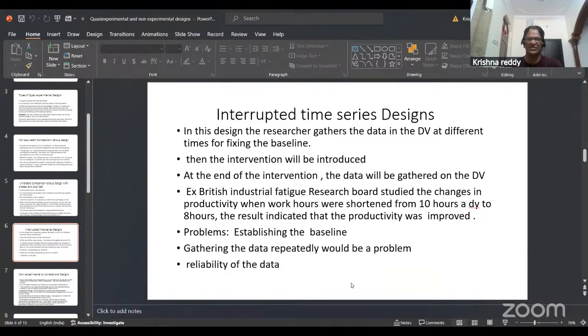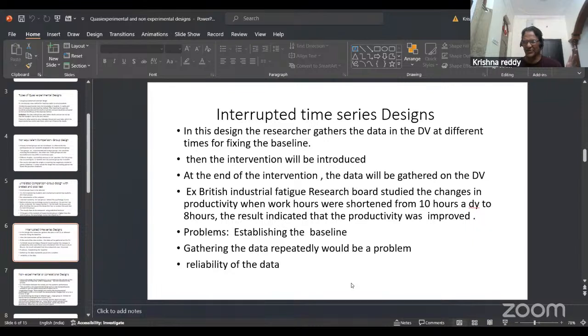Before conducting this experiment, they studied for nearly 17 months. Then they came to the conclusion that this is the baseline: the productivity would be this much for every hour. Then after reducing the 10 hours to 8 hours, they studied for a few months.